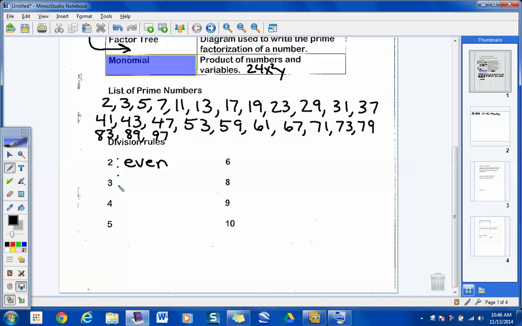Okay, so here's the deal. You add your digits up, and I'll give you an example. Add the digits of the value up and check to see if it's divisible by 3.